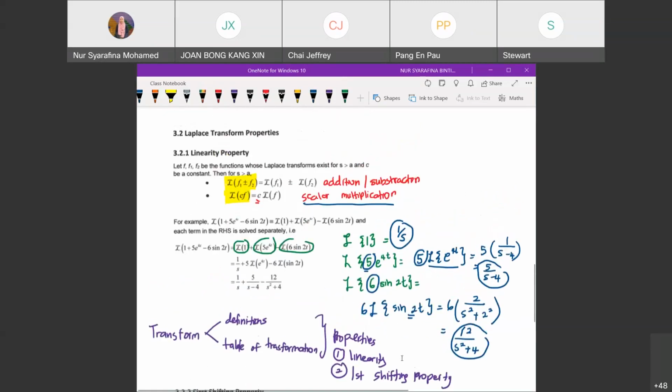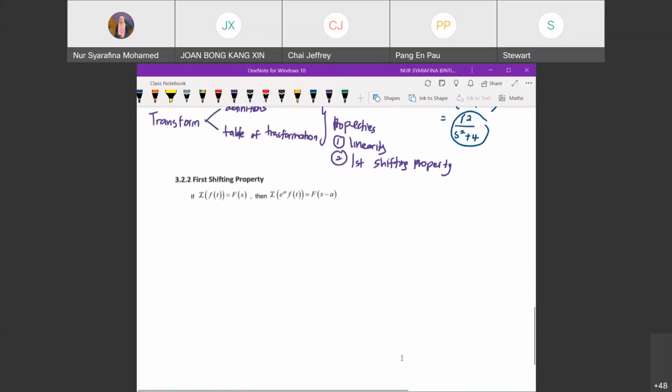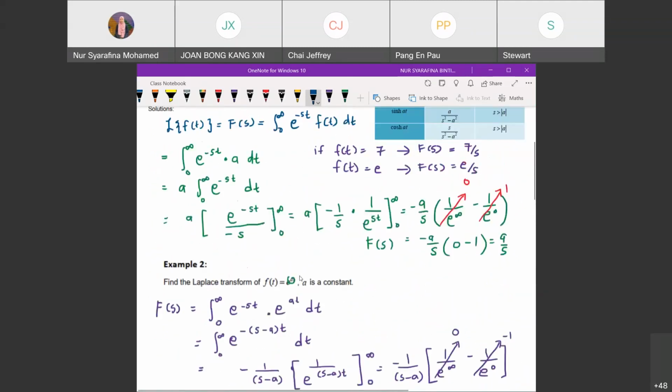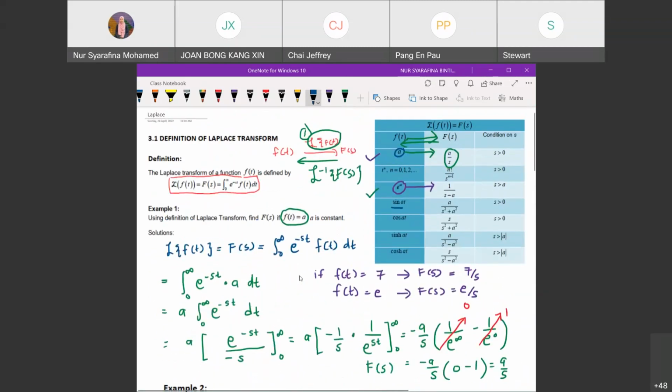Be focused, everyone. If you transform f(t), you know that you will have F(s), from the definition.